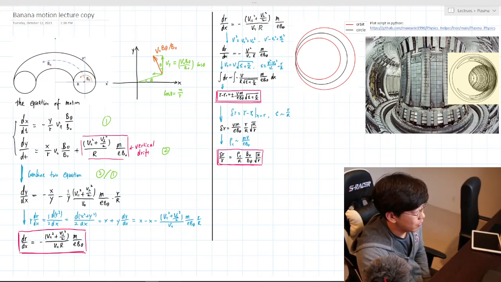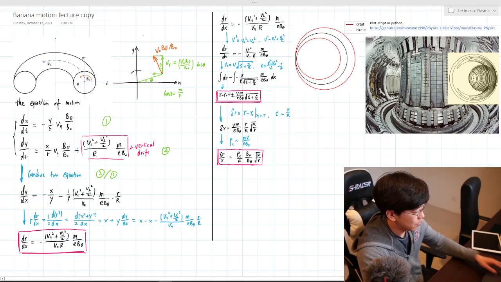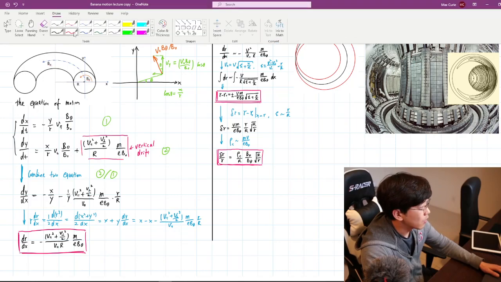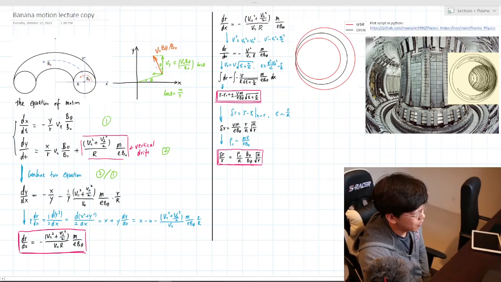We can draw a dot where the particle is, and connect that with the origin, assuming that angle is theta. Then we can decompose into x and y.